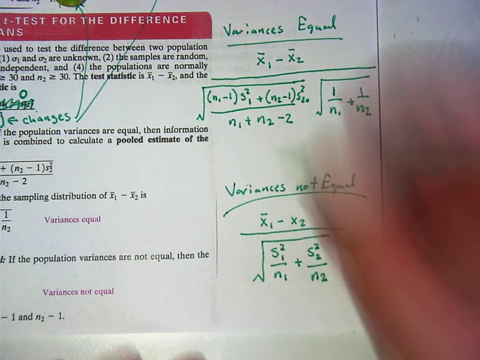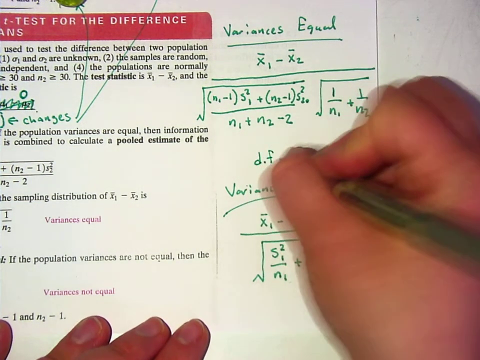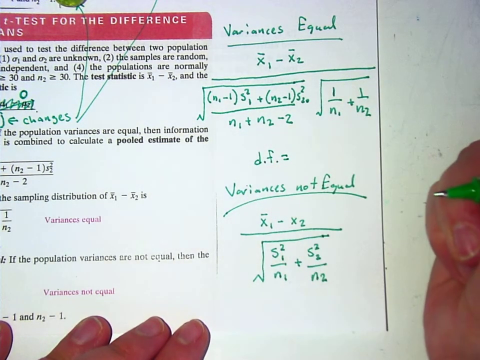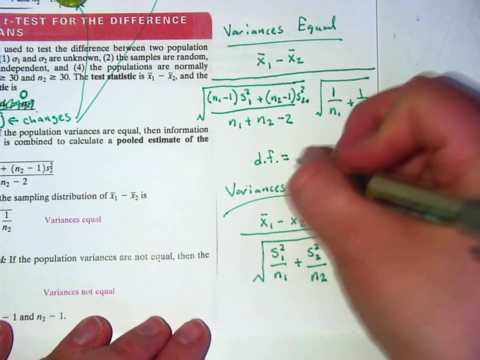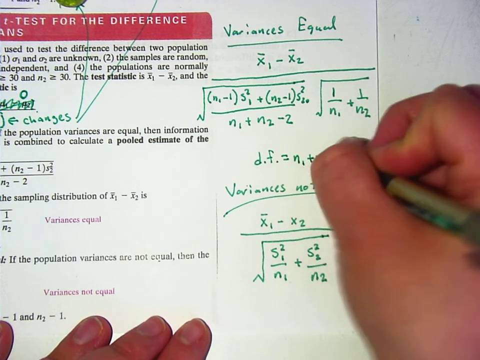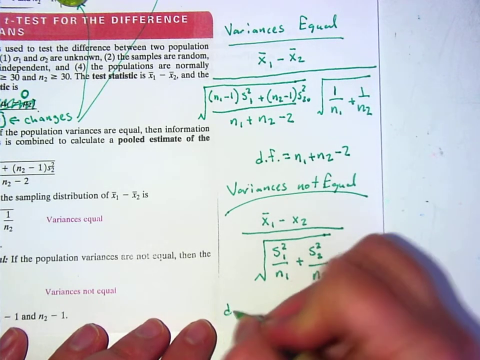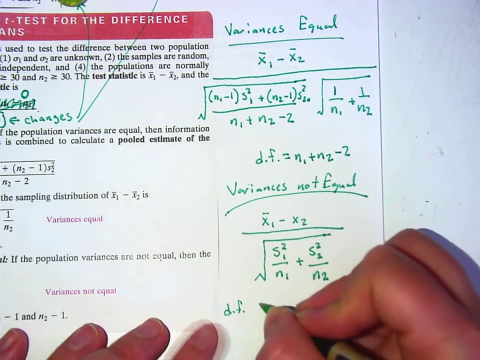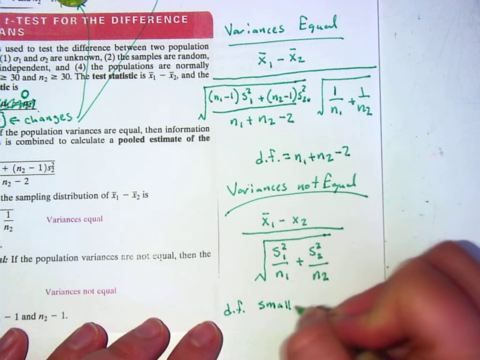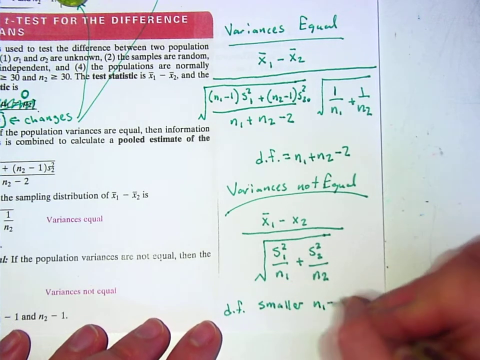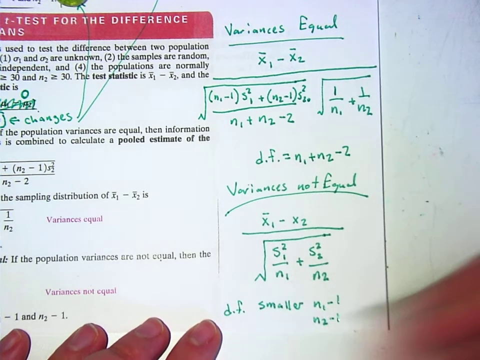Also, your degrees of freedom are different for each one. The degree of freedom, if the variances are equal, is n sub 1 plus n sub 2 minus 2. And if the variances are not equal, the degree of freedom is whichever one is smaller, either n sub 1 minus 1 or n sub 2 minus 1.